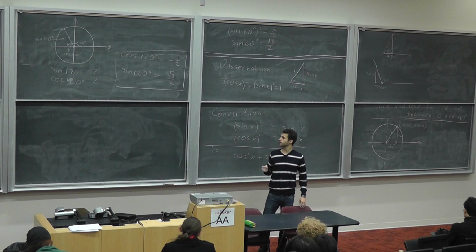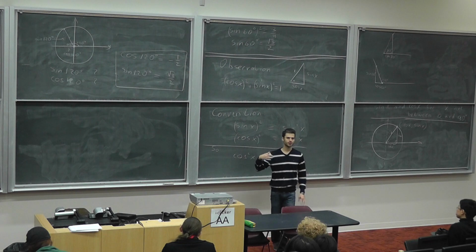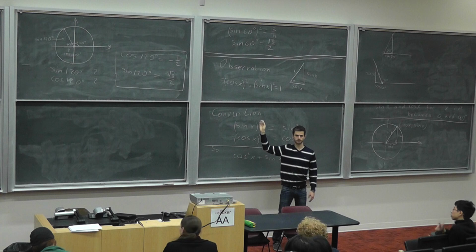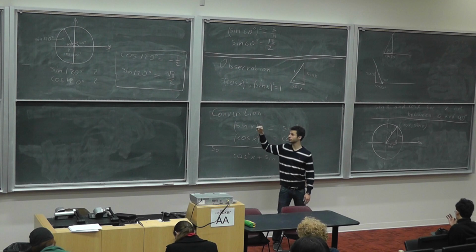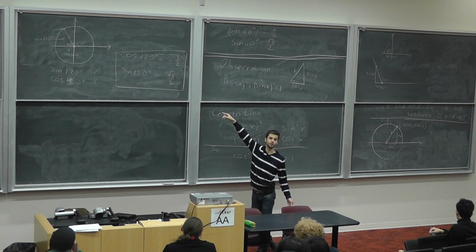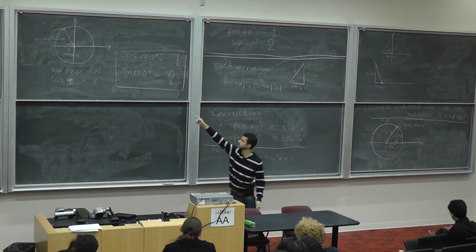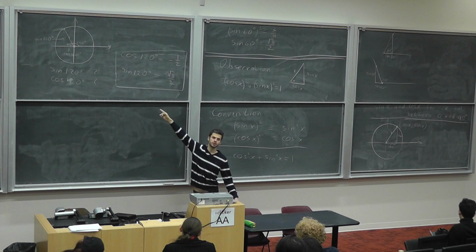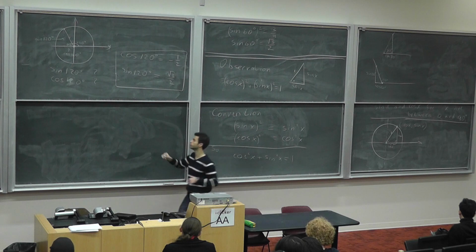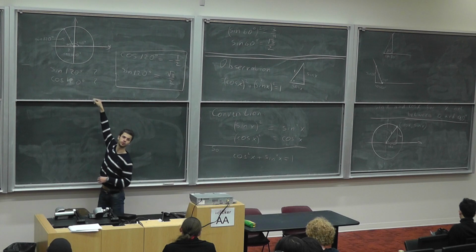Alright. Let's take first questions about this. So the main new point here is the cosine of the angle being negative means just this point lies to the left of the origin, the point where you drop this perpendicular from the point of the circle.